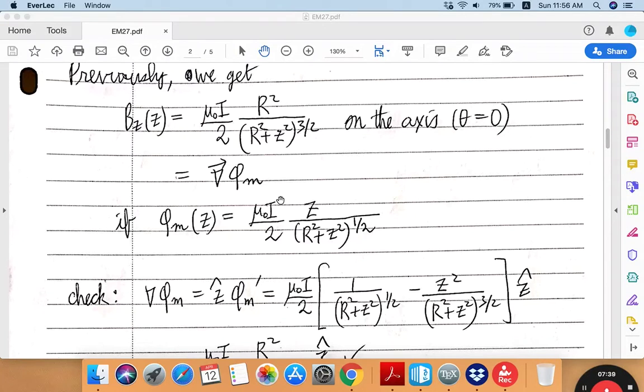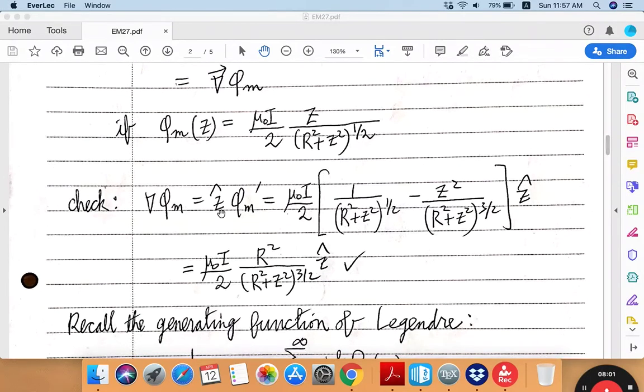And it's pretty easy to confirm that this is a desired potential form. One can check this pretty easily. You just act on this scalar function with the gradient. And since this is only a function of the z coordinate, the gradient will only produce the z component.